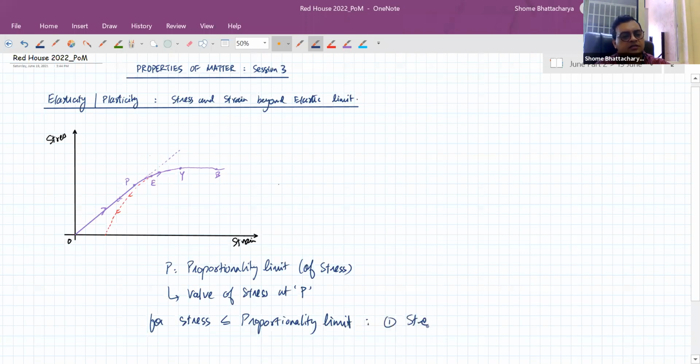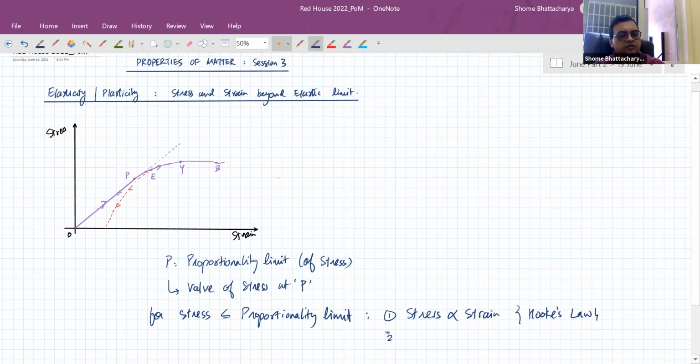One is that stress and strain are proportionate, so the material behaves according to Hooke's law. And secondly, the material is elastic in nature, so it shows the elastic property.